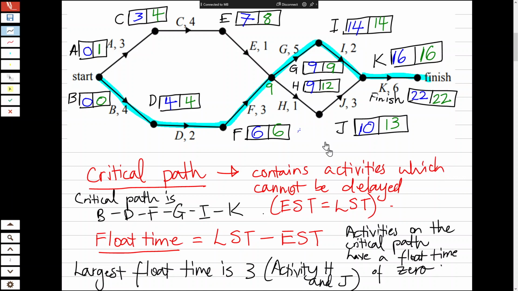And now mine is 10 FG. Is that all? Yeah.